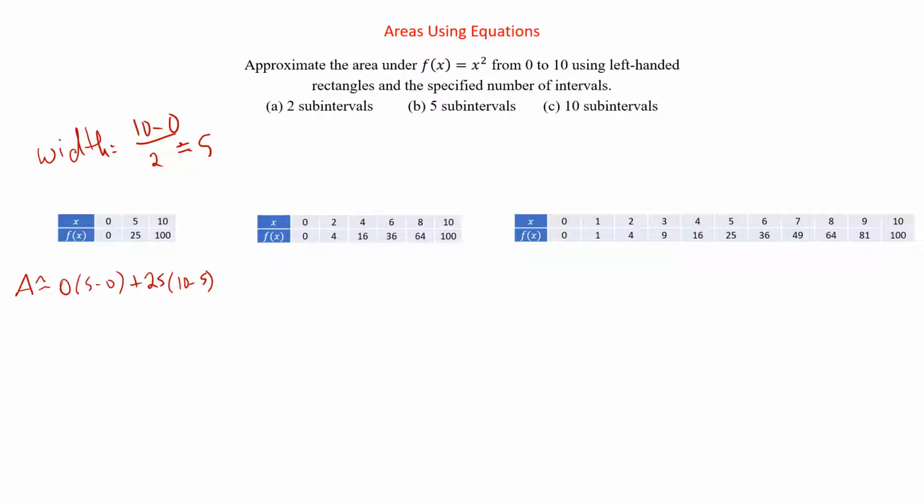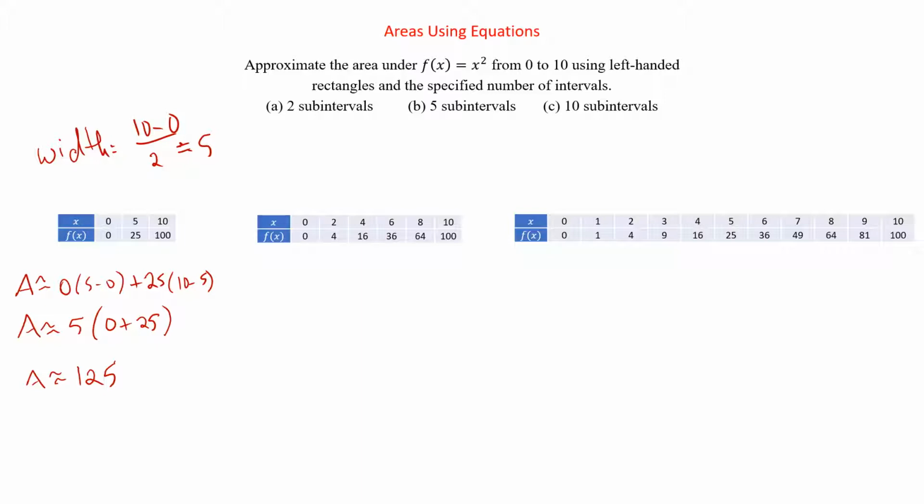So we don't actually have to do the subtraction, we just put in 5. And in fact, we could actually factor out that 5 and then just add those y values together. In this case, it doesn't make that much of a difference. 25 times 5, the area is going to be about 125.